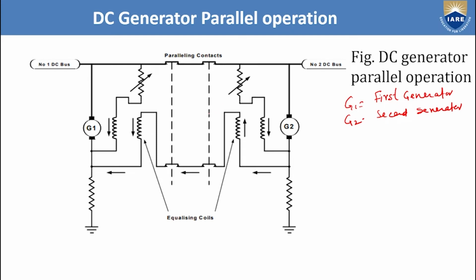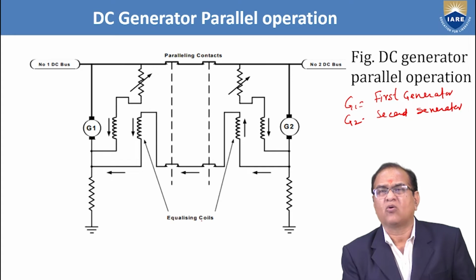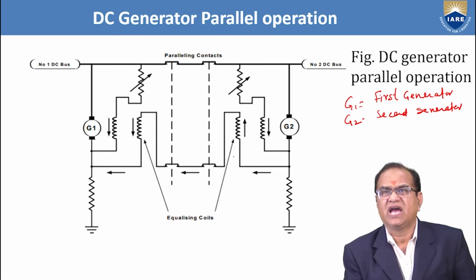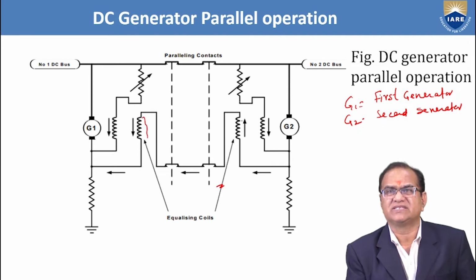Now if you see here, G1 from here goes to this, which is called the equalizing coils. So from here this goes here, and these two, this and this, are the equalizing coils.